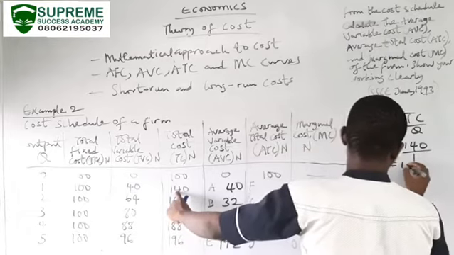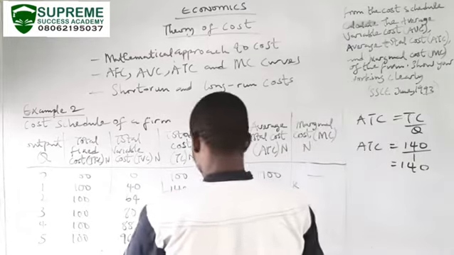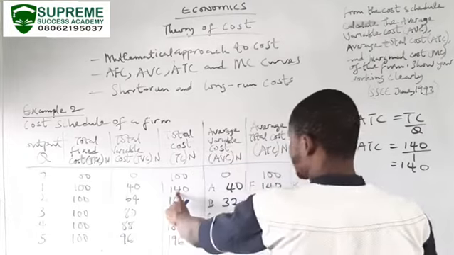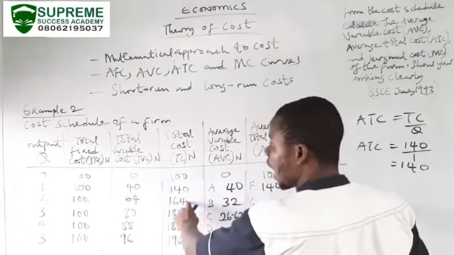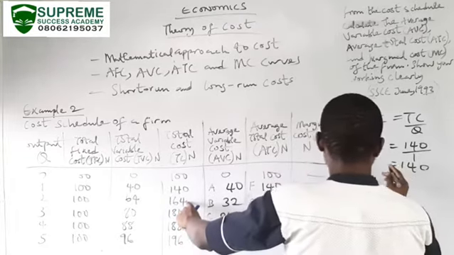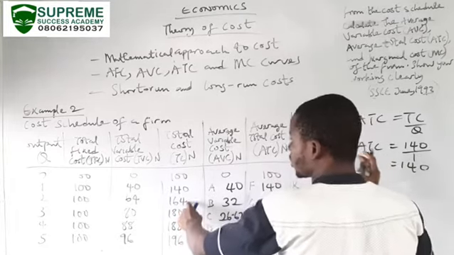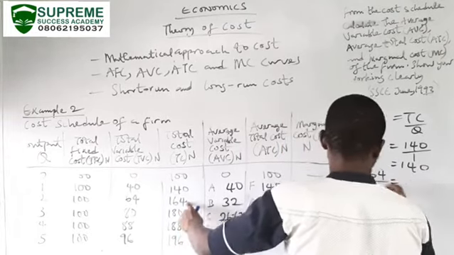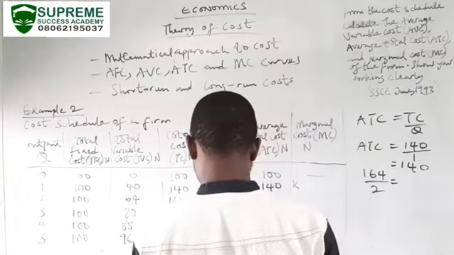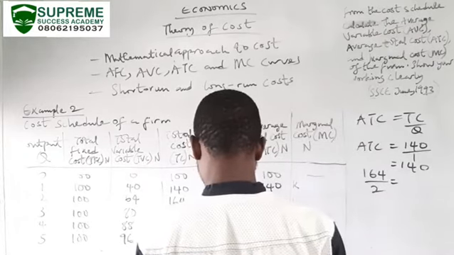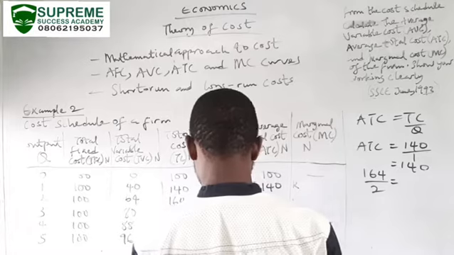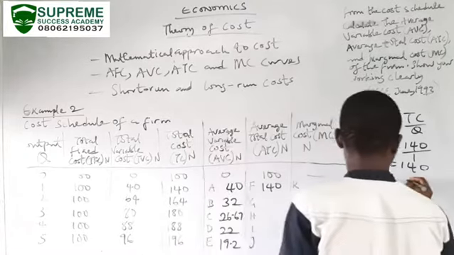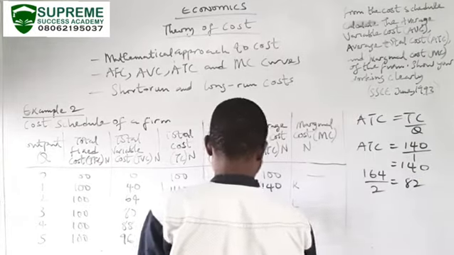The answer equals 140. The next one is output 2. The total cost is 164. 164 divided by 2 equals 82.